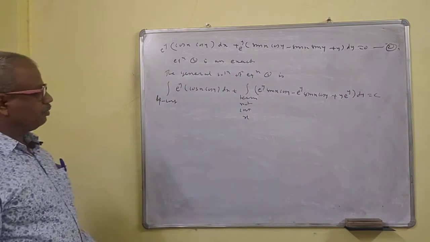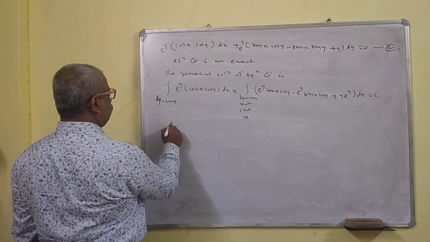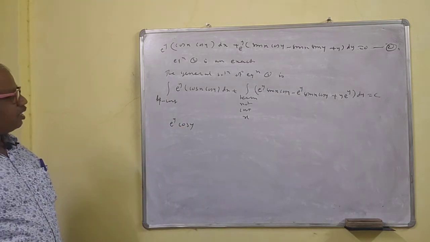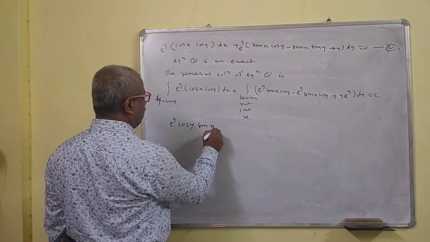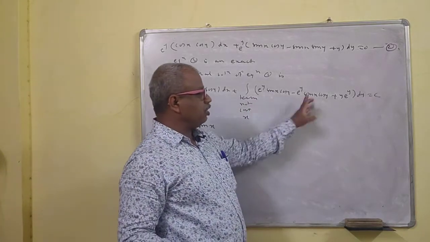You have to write c there. Now we integrate. e raised to y cos y is constant, and the integration of cos x is sin x, not minus. The other term contains x, so it will be 0.